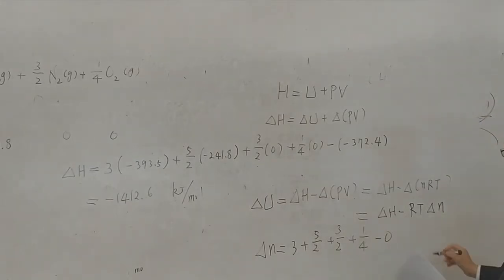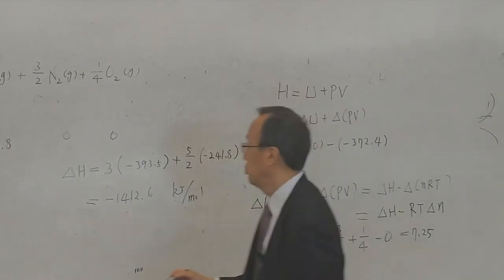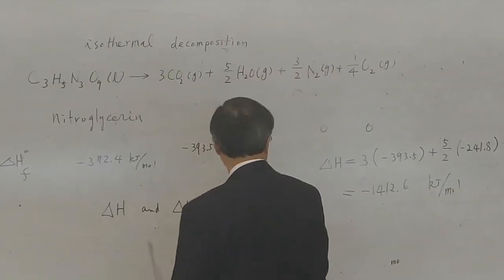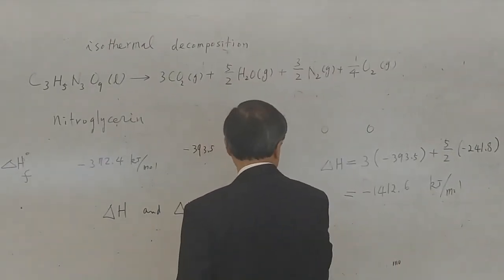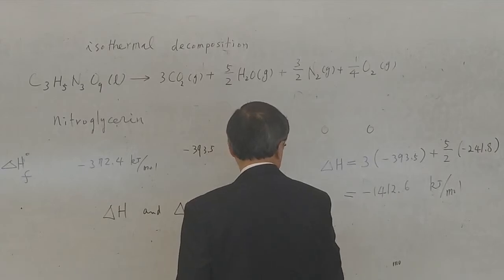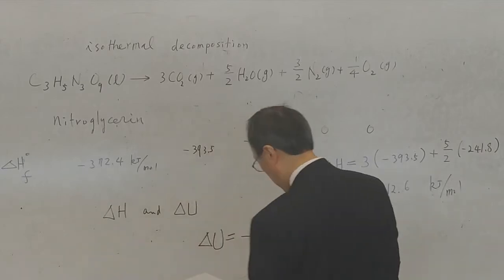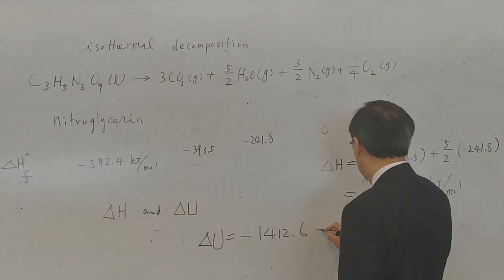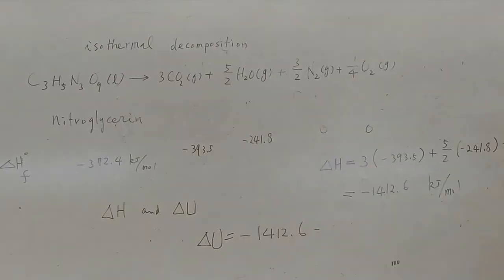So this equals 7.25. Therefore, delta U equals minus 1412.6, delta H, minus this much.